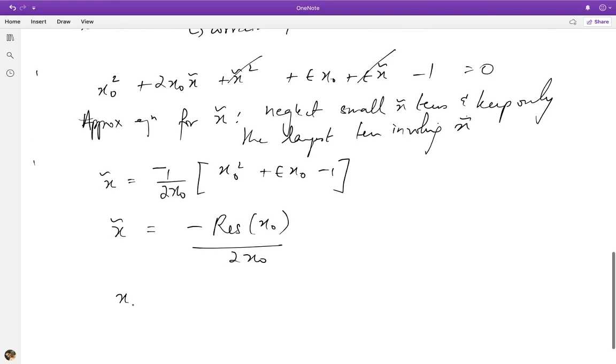So I start with some x0, let's call it x0 at some time step n, substituted into the residue formula, which is basically this formula for x0. And it's not 0 yet because x0 is not the desired approximate solution. So if it's non-zero, I get a correction x tilde, and I can use that x tilde to update x0 to get the next iteration value.